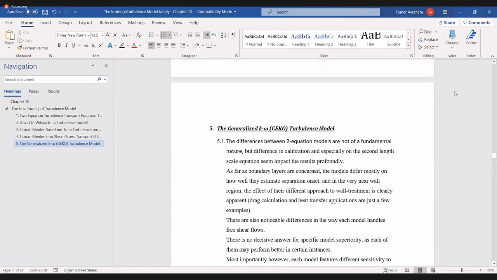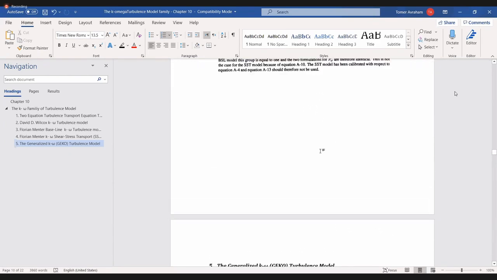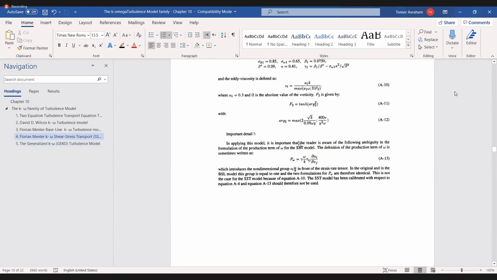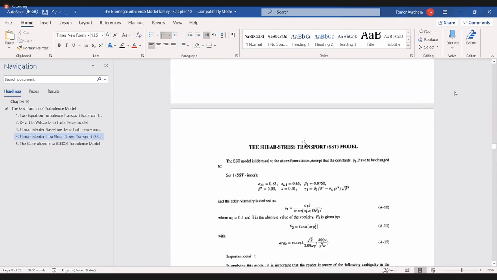Okay. So then, well, as I was talking about transition model, I really would like to show you, except I can't find it right now. And can I go to turbulence model? Let's see.